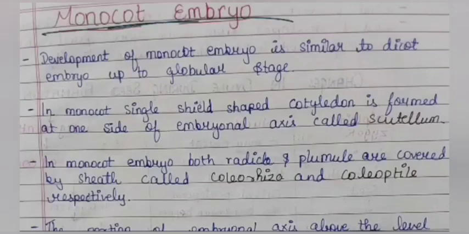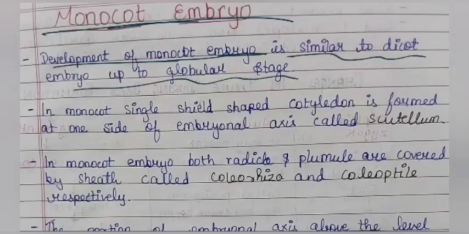Now coming to the monocot embryo, the development of the monocot embryo is similar to the dicot embryo up to the globular stage. In monocots, only a single cotyledon is formed, on one side of the embryonal axis, called the scutellum.